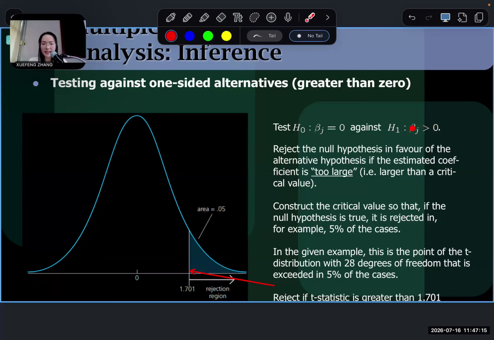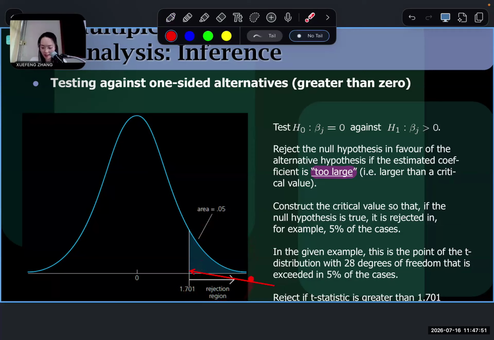Since we expect that beta j is greater than 0, we reject H0 only when beta j hat, and therefore the t-statistic, is too large, okay? Which means the t-ratio is too far in the positive direction, not too negative, just too positive. That's why the shaded rejection region is only the right side of the curve, okay?